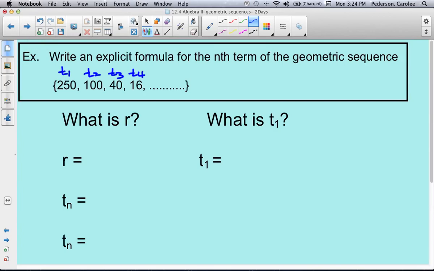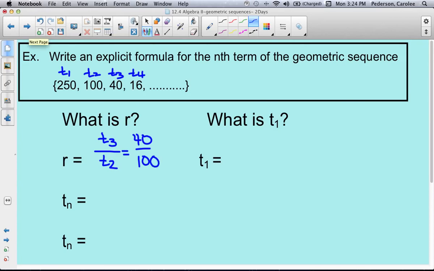So I'm just going to start with term 3. And I'm going to divide it by its previous term, which would be term 2. Now substitute those numbers in. Term 3 is 40. Term 2 is 100. And now we're just going to go ahead and reduce that fraction down.